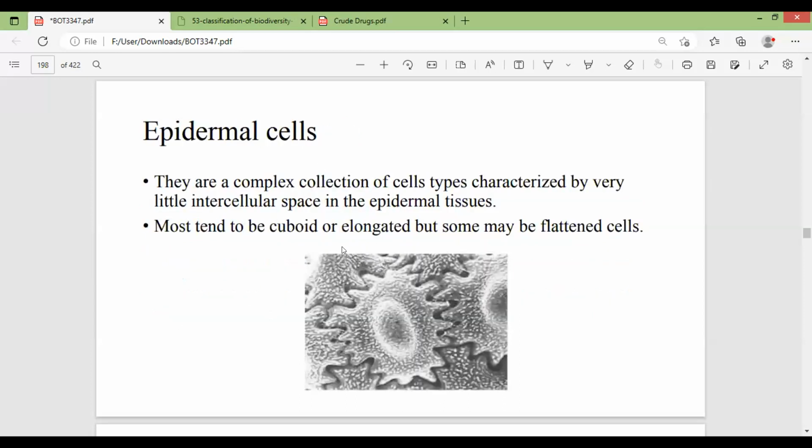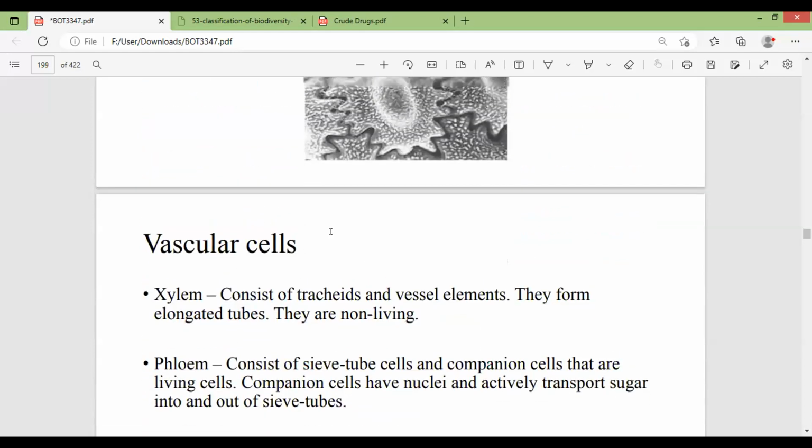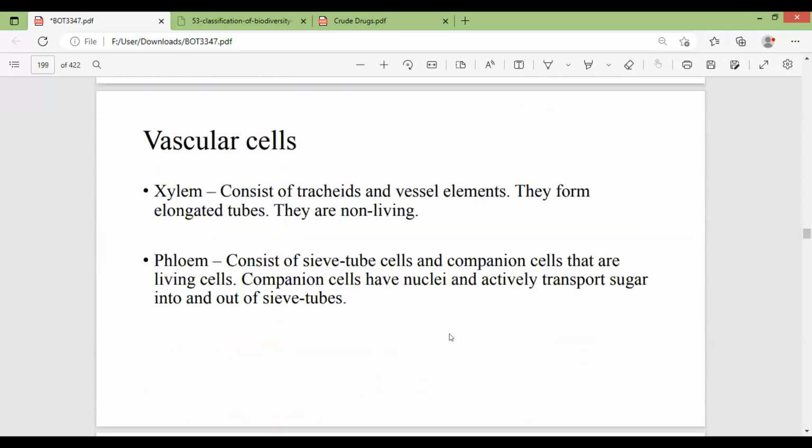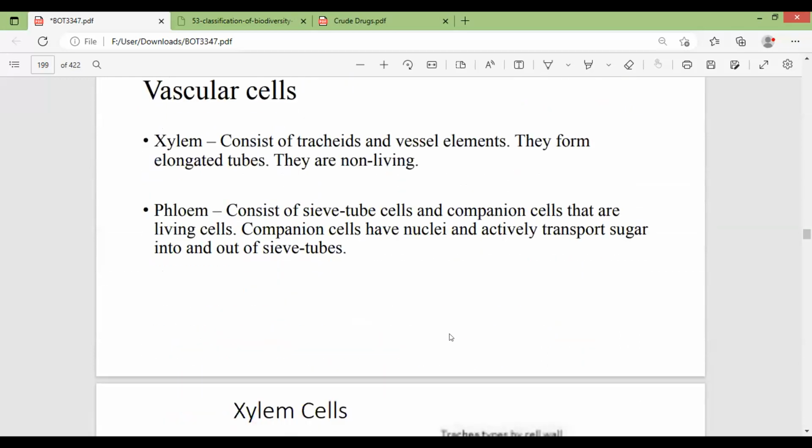Epidermal cells, we already said epidermal, majorly covering the outer layer for protection. Then looking at the vascular cells, here is the xylem and the phloem. Remember when we said, when you think of xylem, also the tracheids come there.